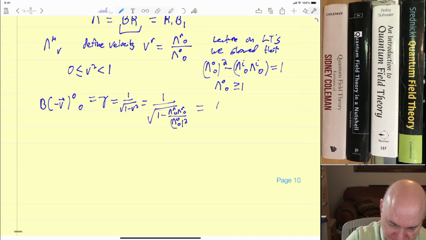This becomes algebraically equal to lambda 0 0. I'm just showing everything works out as we would expect.